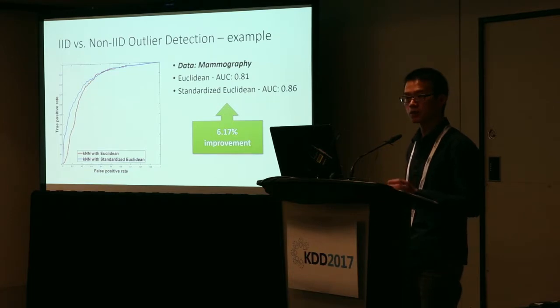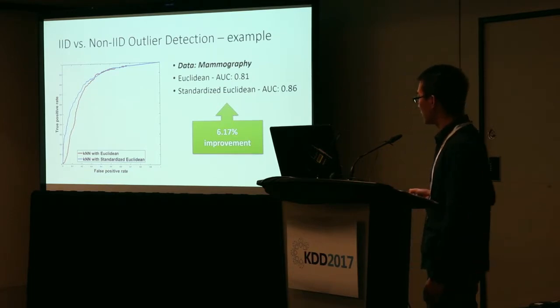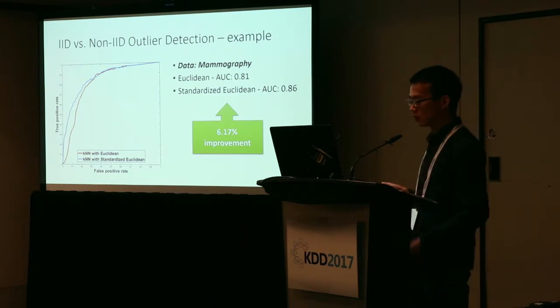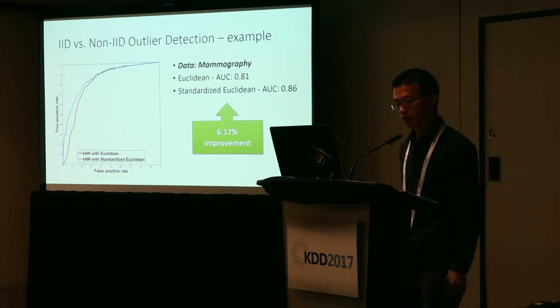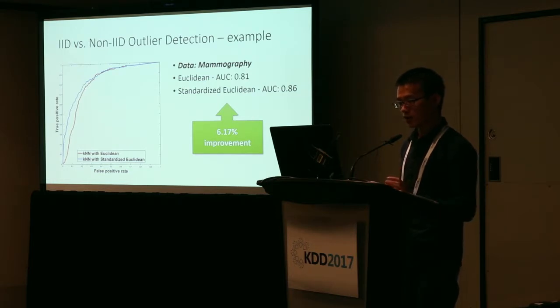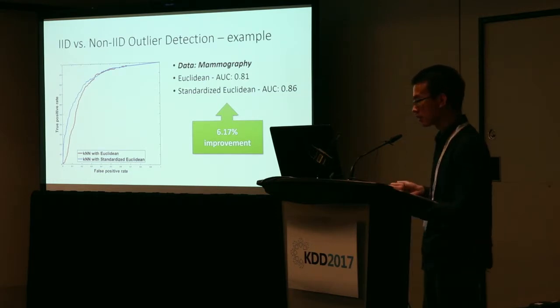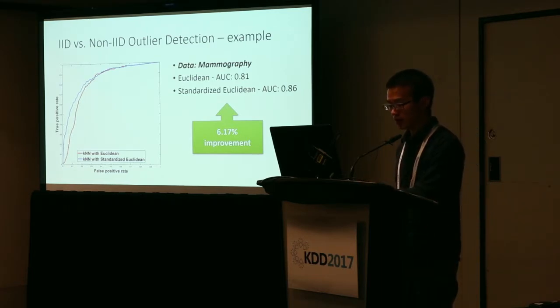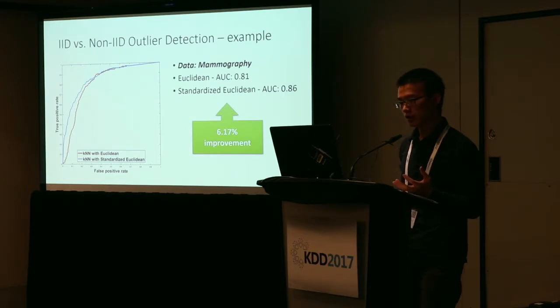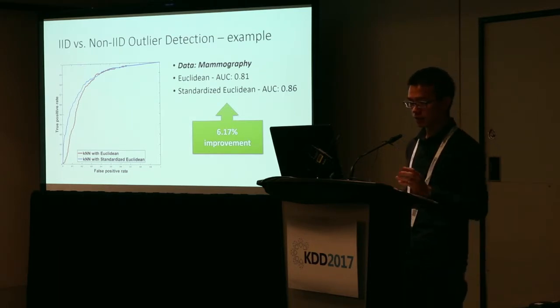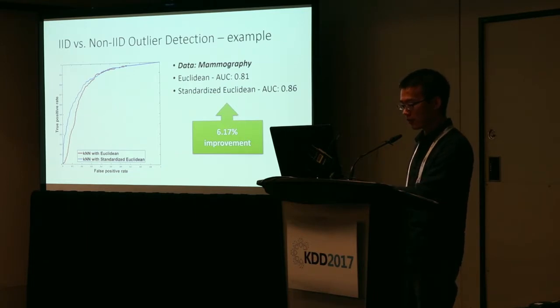This is standardized by the standard deviations in each feature, which means the blue line somehow considers some kind of heterogeneity in the data sets. So by taking this into consideration, we simply get more than 6% AUC improvement. I will present you more examples showing that after considering this non-IIDness in outlier detection, we have very substantial improvement.